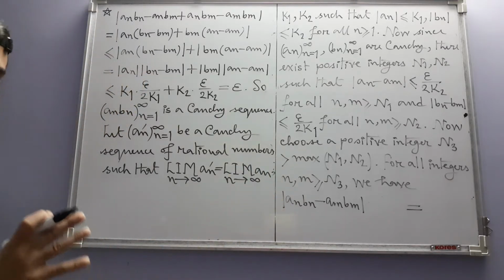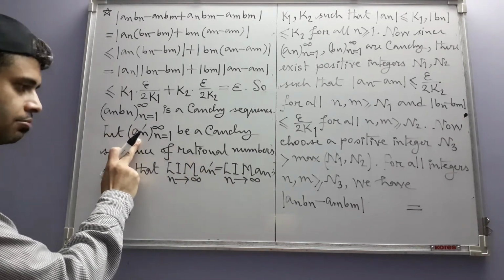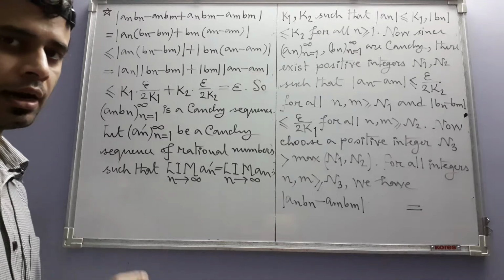Or in other words, by the definition of this equality, the sequence an prime and the original sequence an are equivalent.